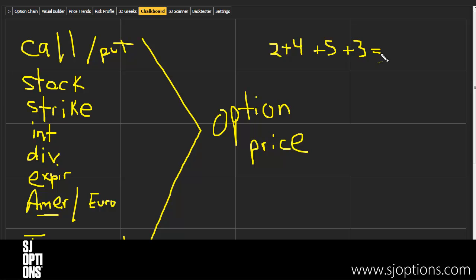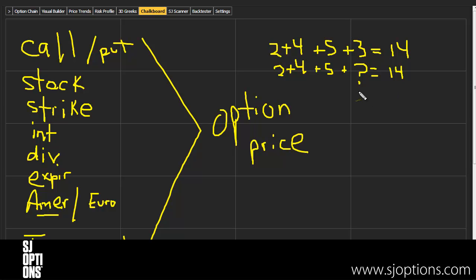Okay, and so we know all these items, and we know that that equals 14. Easy enough. But if we've got something like this, with a question mark, and we know that it equals 14, then we have to solve for the question mark.